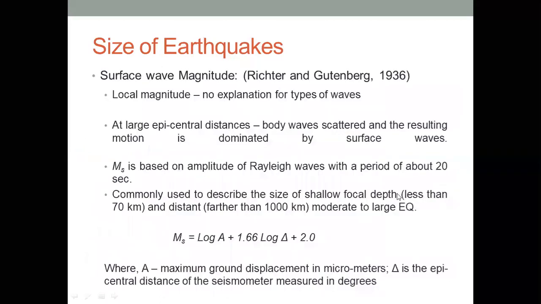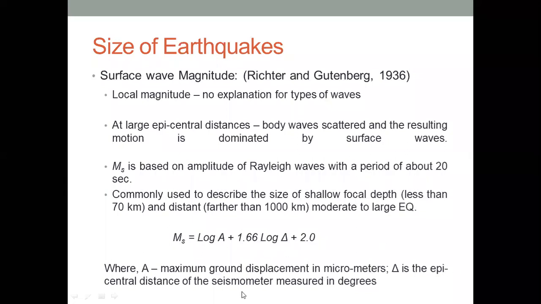So another one, a surface wave magnitude. Based on the surface wave characteristics, also we can define the magnitude. So that formula is Ms is equal to log A plus 1.66 log del plus 2. Here A is as usual the maximum ground displacement in micrometer.